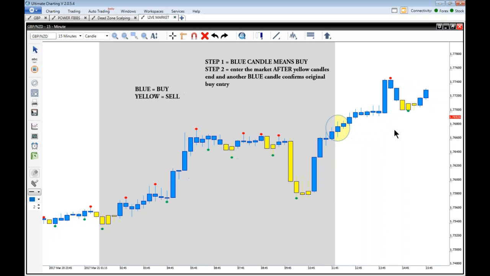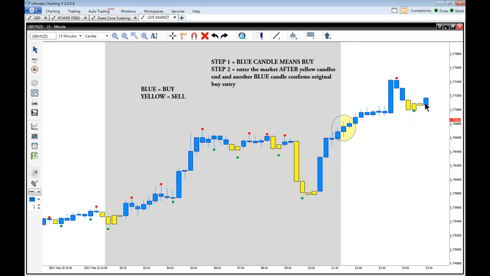So yellow, yellow, yellow. There's the blue candle as our entry. So what we've done is we confirmed the bullish direction of the dead zone with the secondary entry of the dead zone. If that makes sense, type in a yes. We get a candle that dictates the direction. We avoid the pullback or the opposite color, and then we confirm the entry of that movement right there.